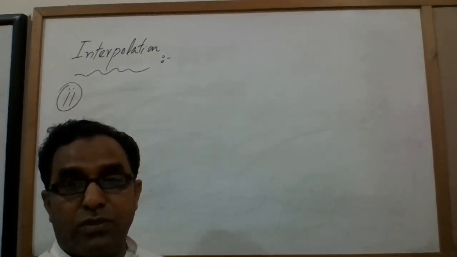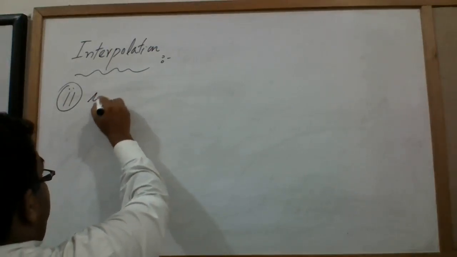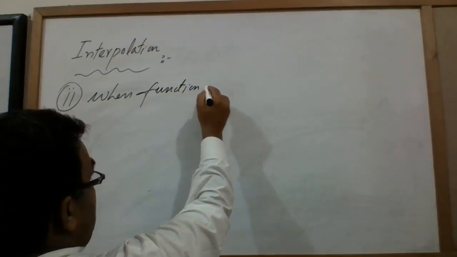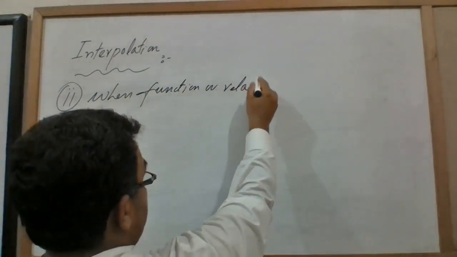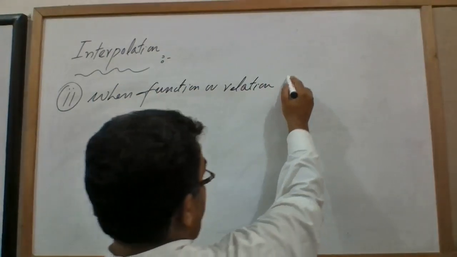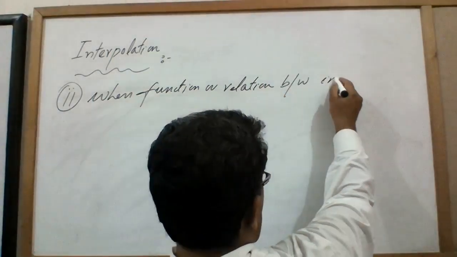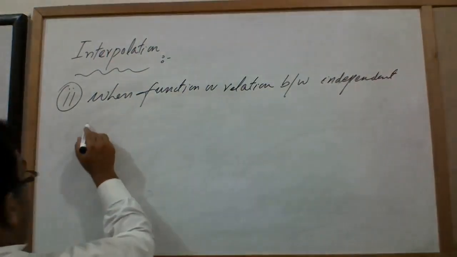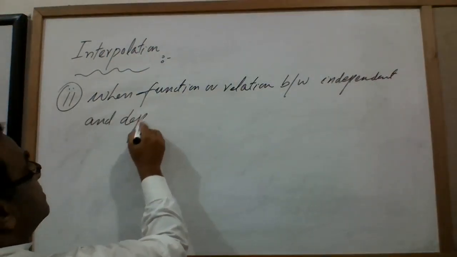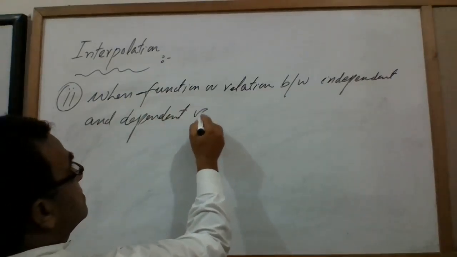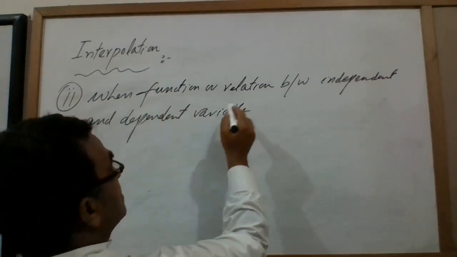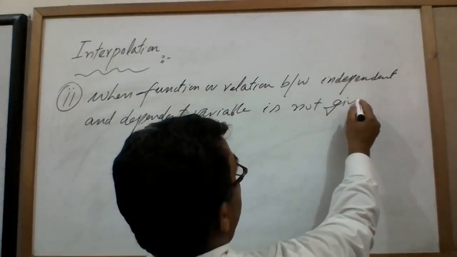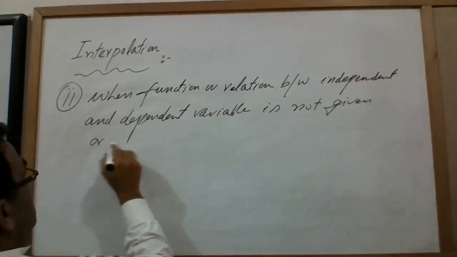That is a situation when the function or relation between independent and dependent variable is not given or unknown.